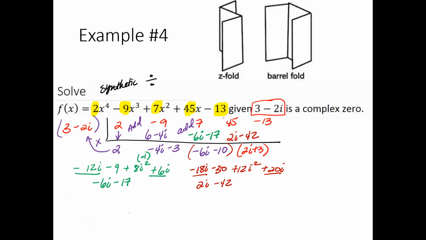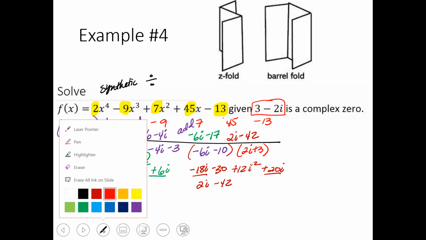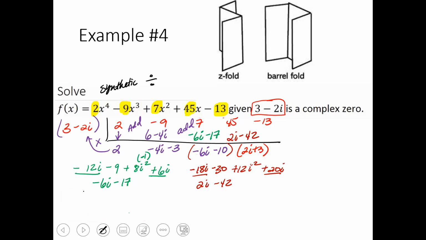Okay, last one. We're going to go ahead and power through this. We're going to go ahead and multiply it one more time. So I have to FOIL it. 3 times 2i is going to give me a 6i. 3 times 3 is going to give me a 9. Negative 2i times positive 2i is a negative 4i squared. Negative 2i times 3 is a negative 6i.